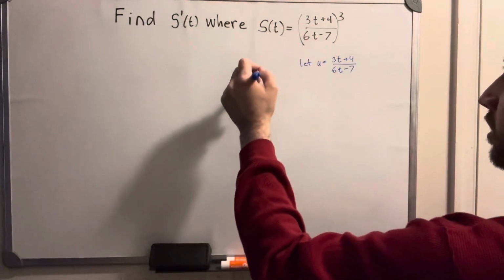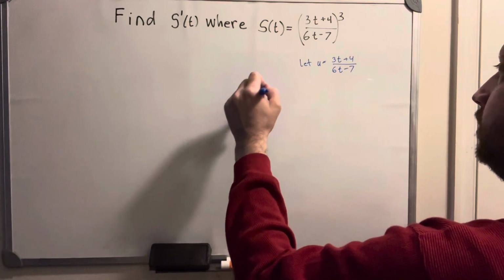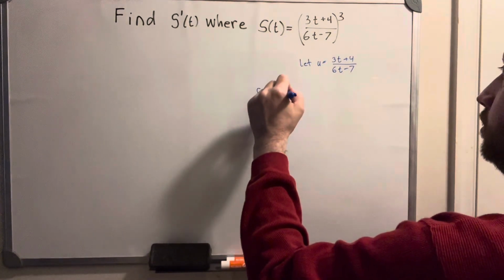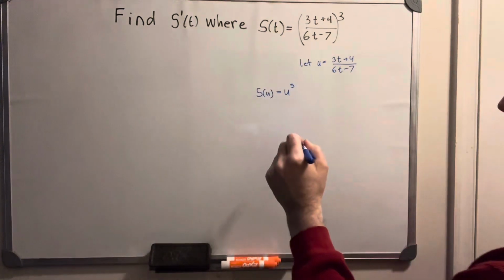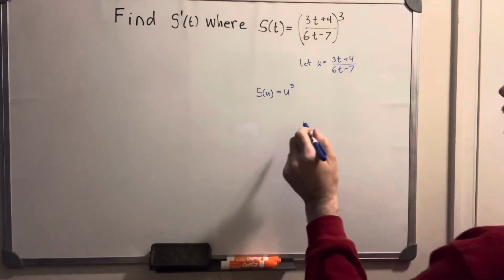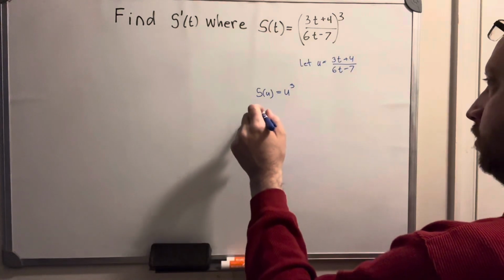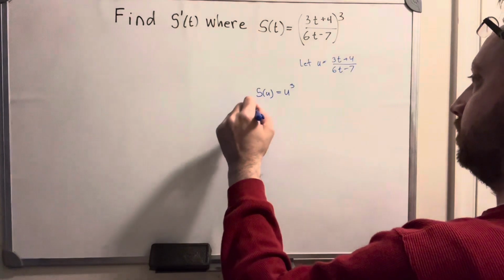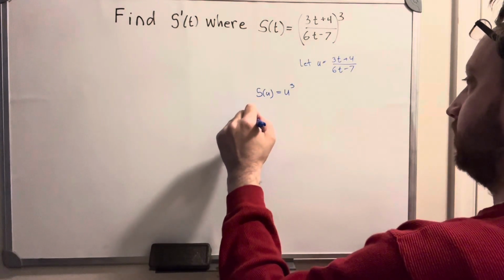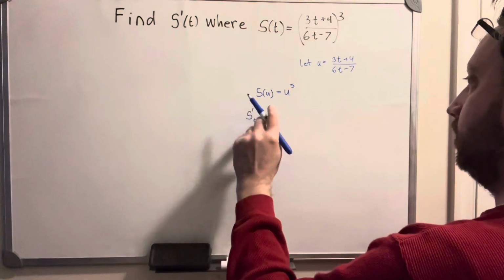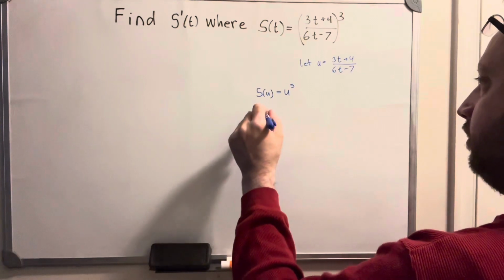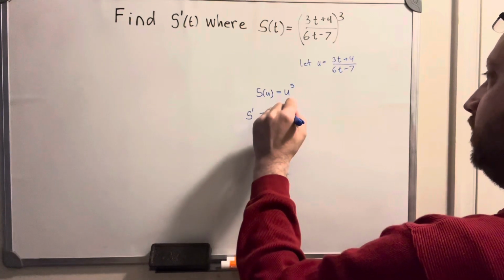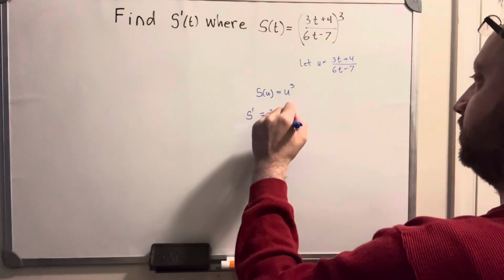Then you can write it as s of u equals u cubed, and we know with the chain rule the derivative with respect to t would be 3u squared times du dt.